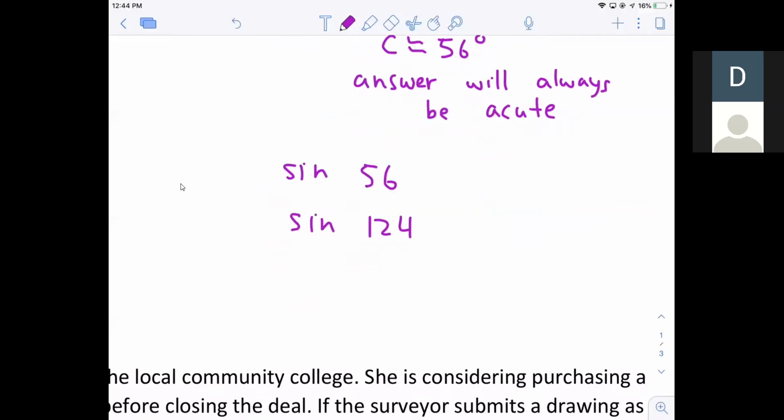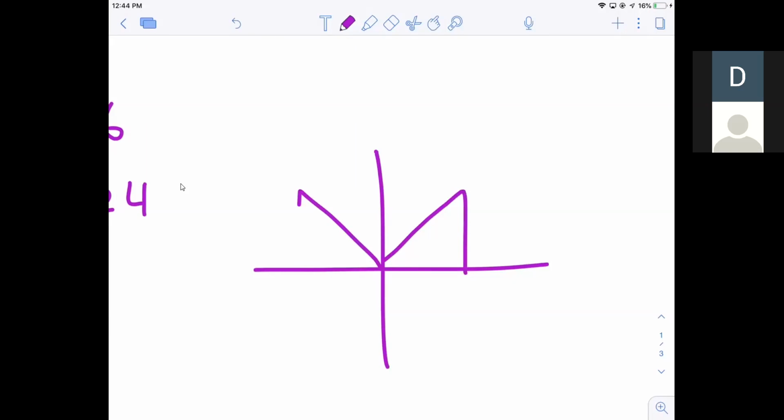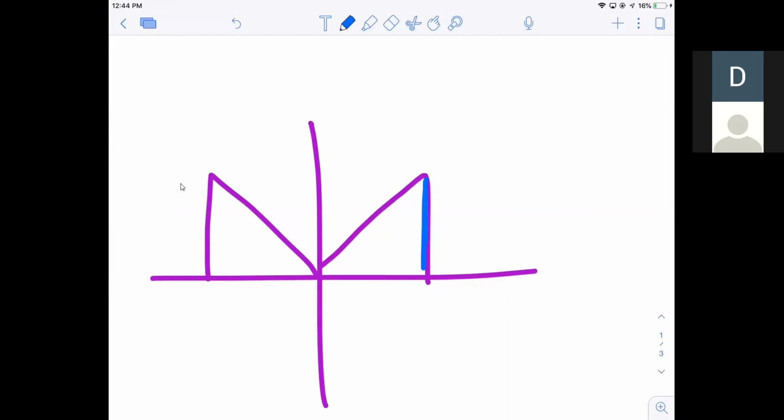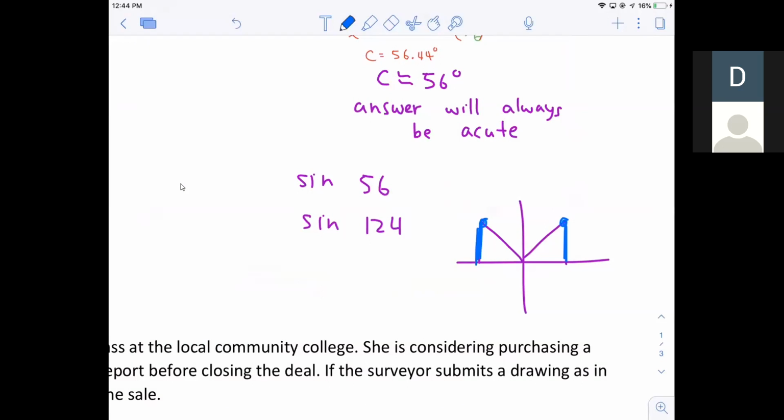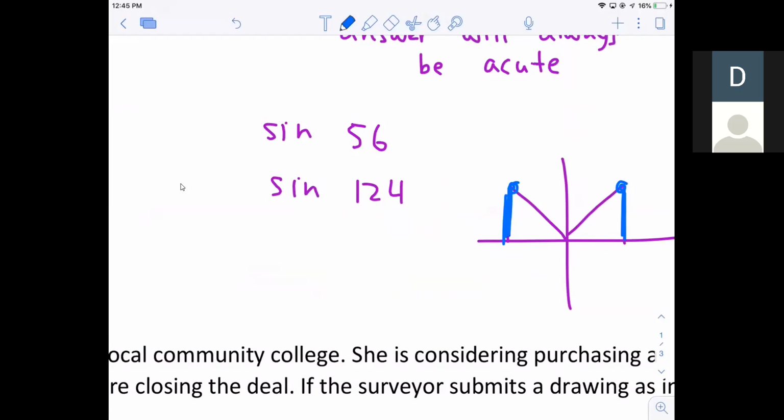But from our unit circle, if you remember our trig values, if you draw your reference triangles, the value of sine was equal to the height in the unit circle. So sine could be equal to the same thing in the first quadrant or in the second quadrant. So there are actually two angle measures for any sine value, one in the first quadrant and one in the second quadrant.